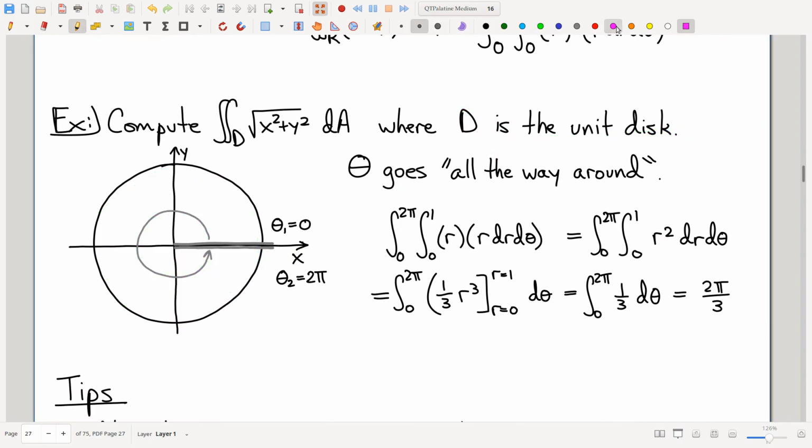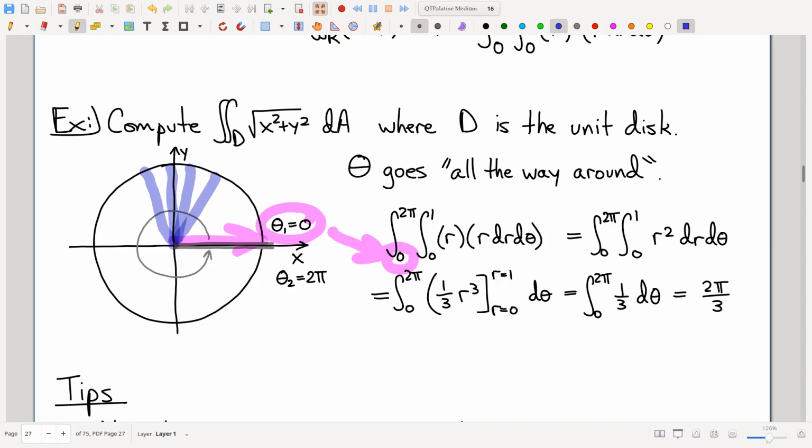And as we discussed in the last example, we're going to view this as starting with theta equals 0, which you see right there. And then our thetas will continue to increase.